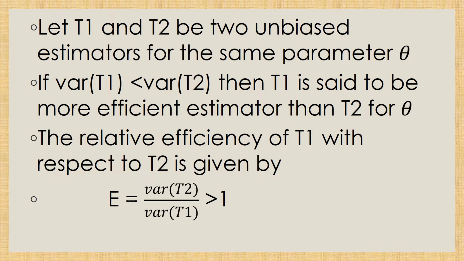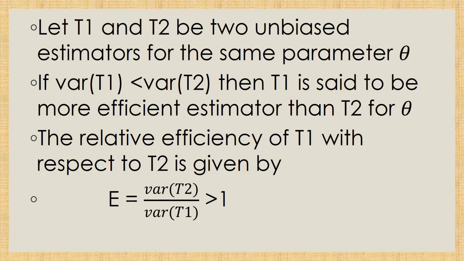So under efficiency, we want to compare two estimators which are unbiased. Remember what an unbiased estimator means. If not, go to our previous video and look at what we discussed about unbiased estimators. In terms of efficient estimators, we compare the variance of two unbiased estimators. When the variance of one estimator is less than the other, the one which is less is said to be more efficient than the one which is larger.